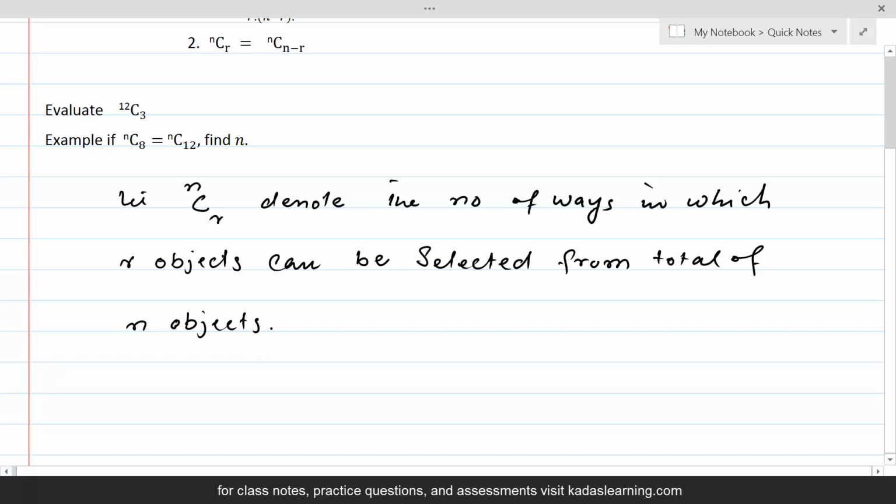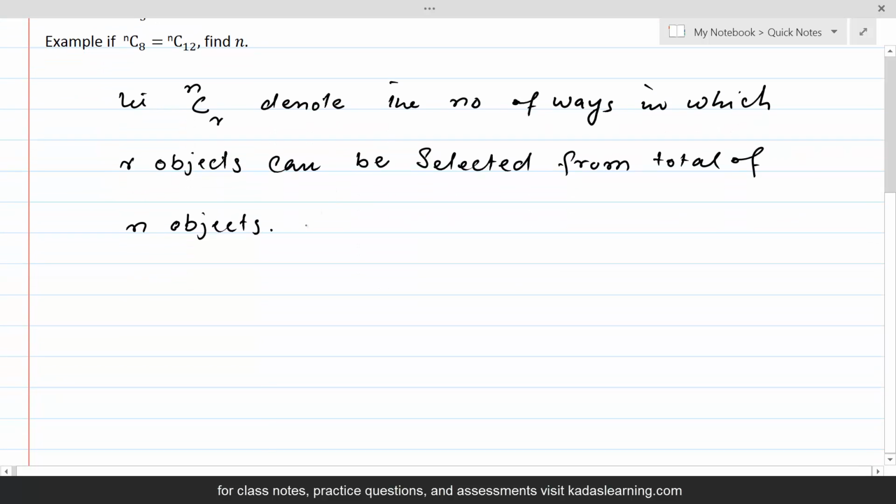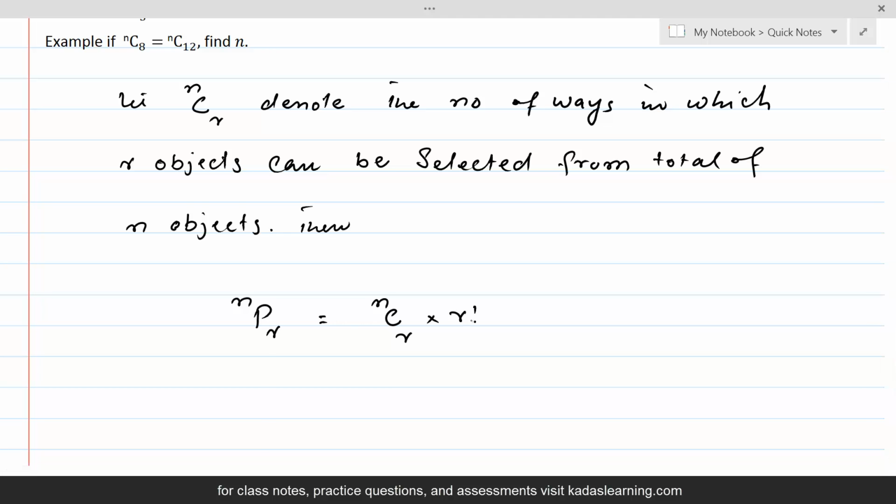Then what will be the total number of permutations? NPR, the total number of permutations, will be equal to NCR, the number of ways in which you can select R objects, times R factorial, because within each group of R objects there are R factorial permutations.